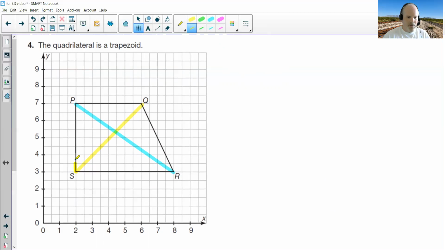So I can go from S up to P, and then from P over to Q. For my other triangle, I'll draw it over it. For P, I can go down to S, and then from S over to R.